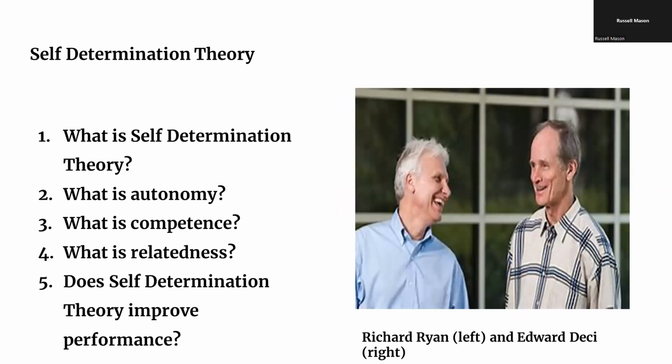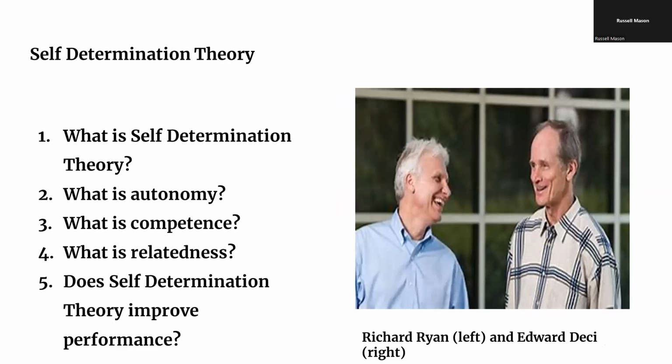So the talk today is going to have 5 stages. First of all, we'll look at what self-determination theory is. Then we will look at the 3 core components of self-determination theory, which are autonomy, competence, and relatedness. So we will look at what they mean.